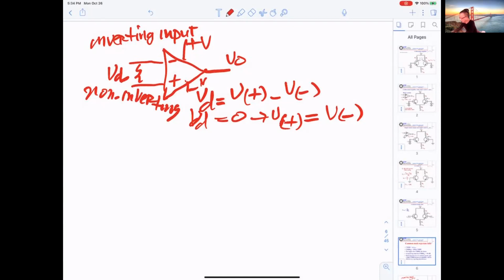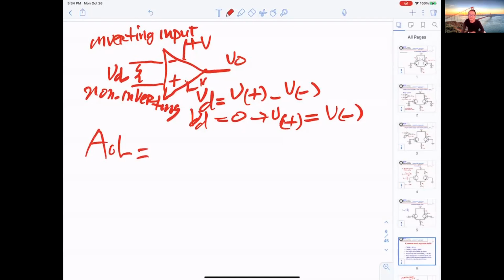For the AOL, you understand AOL? A stands for the gain, OL is open loop gain. That means when you get the op amp without any connection, it already has a gain.